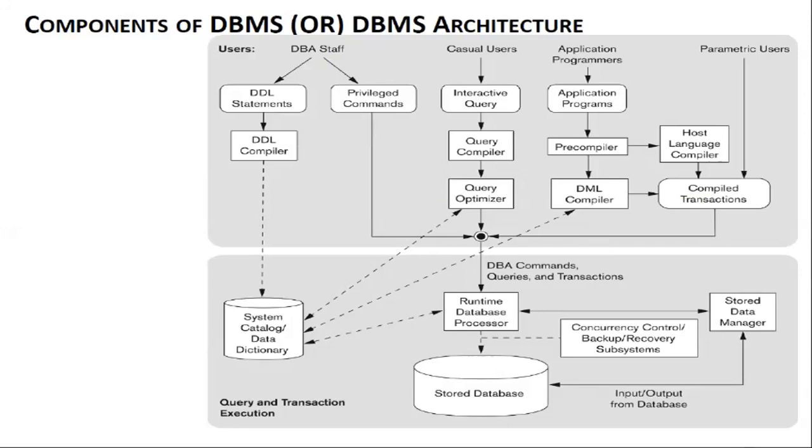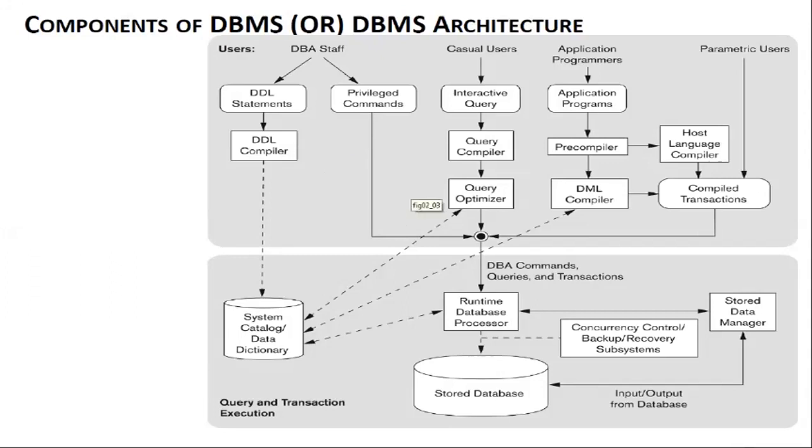The first one is the DBA staff. DBA stands for database administrator. The administrator has the highest privilege in the database management system, in the sense that he can do all sorts of administration work, all sorts of management, everything in this particular database management system.